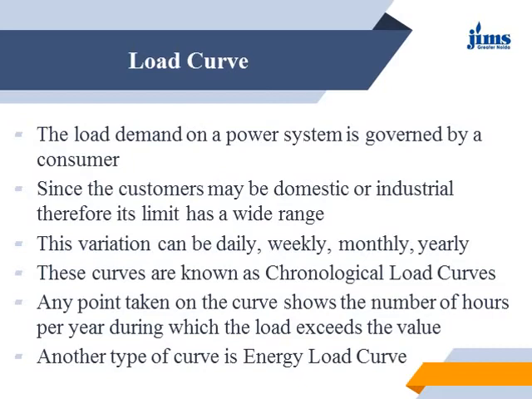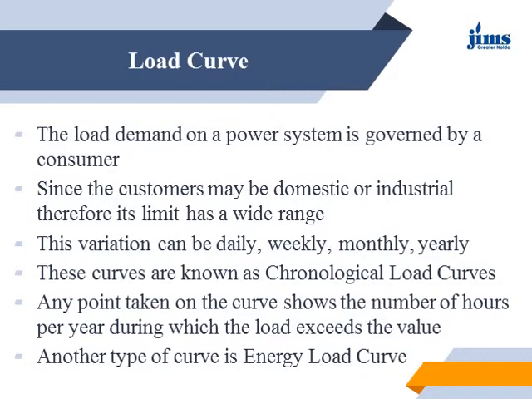So the customer may be domestic or industrial, therefore the limits have a wide range, and the variation can be of the daily type, meaning in some areas in the morning the demand for light is higher, and in some areas at night the demand is higher. It may be weekly, monthly, or yearly.